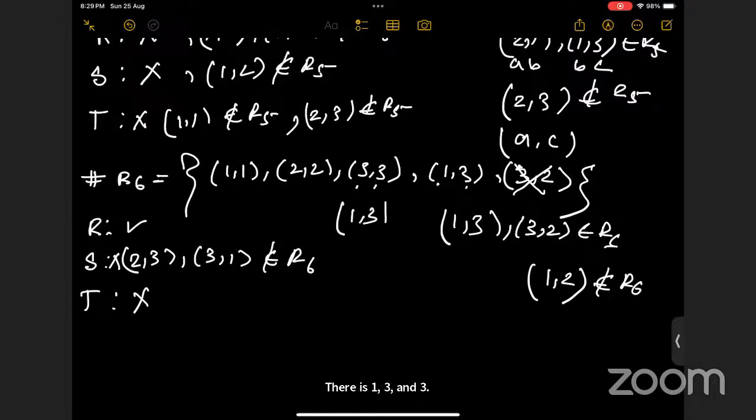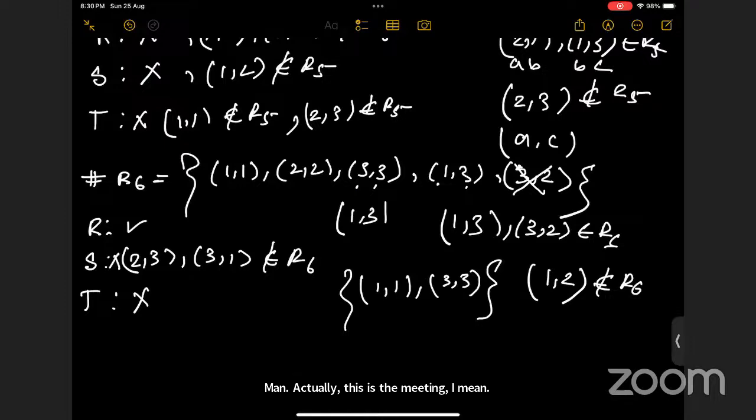Again, we have 1, 3 as AC, which is in the set. We can also take 1, 1 and 3, 3 and we will get 1, 3. That way is also possible, and this will be transitive.